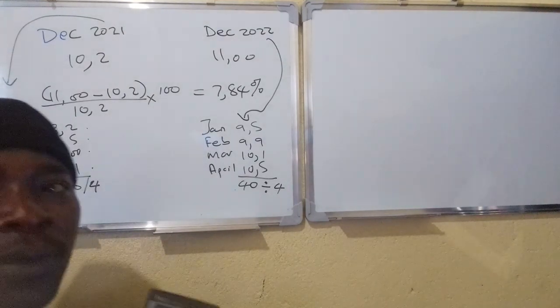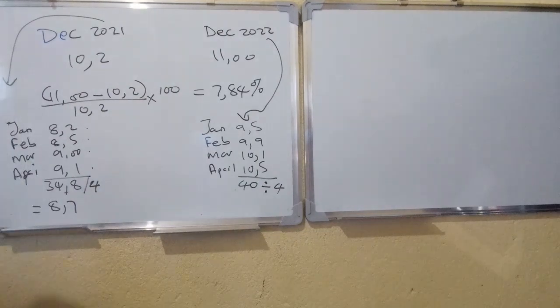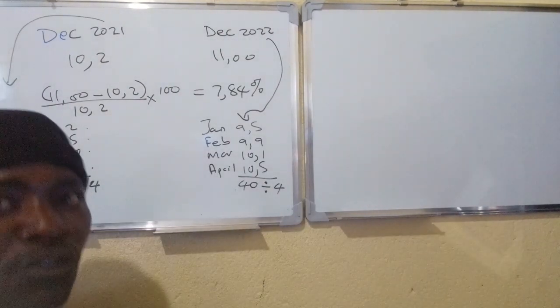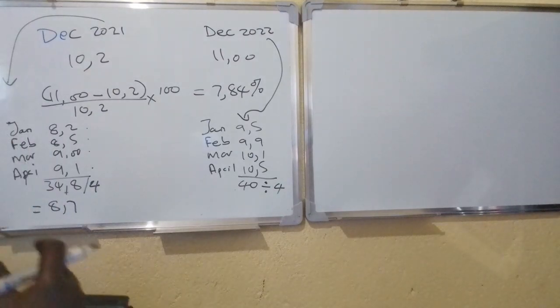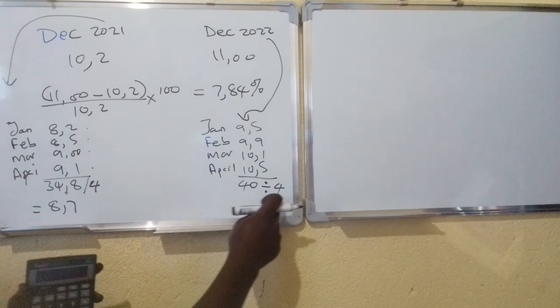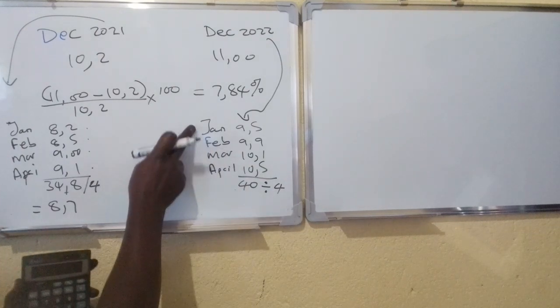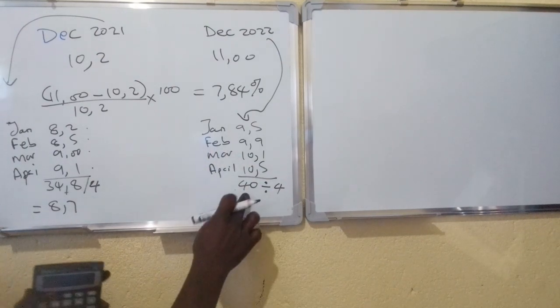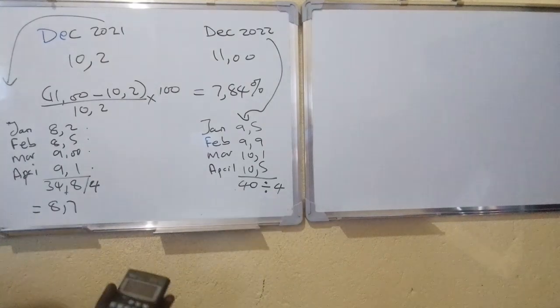Doesn't have to be from January to December. It can be from March to April, as long as it's 12 months. In practice, you will have 12 months here. So whatever figure you get, you will divide it by 12. But since I only used 4 months, whatever figure I got, I divided by 4. So 40 divided by 4 equals 10.